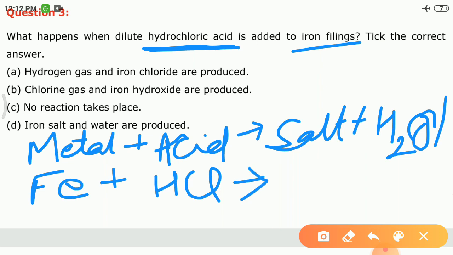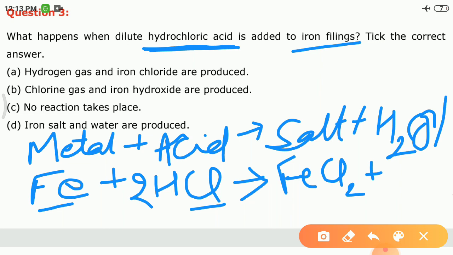As they react, it will form salt FeCl2. So here we will put 2 HCl, giving FeCl2 plus hydrogen, which will be removed as hydrogen gas, H2, in the form of gas.